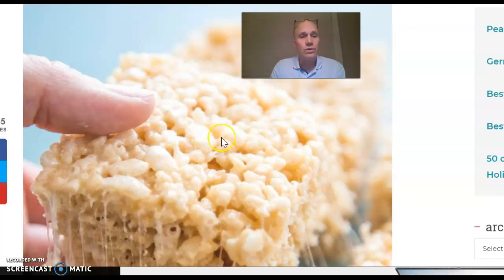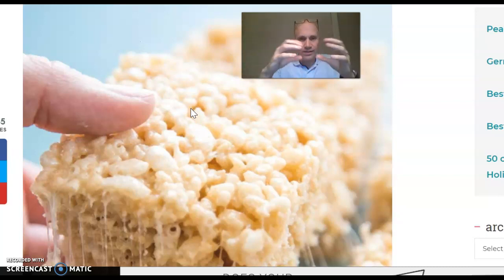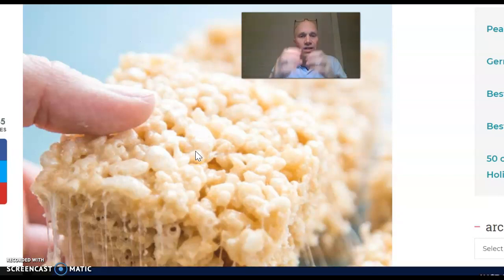All right, you put those in a pan, and then you pour this sugary goo on it, and you press them down hard so that it squeezes them together. And then you've got this cement between them. That's the marshmallow stuff that makes it all bind together. And then when you're done, you have these pieces that all stay together.